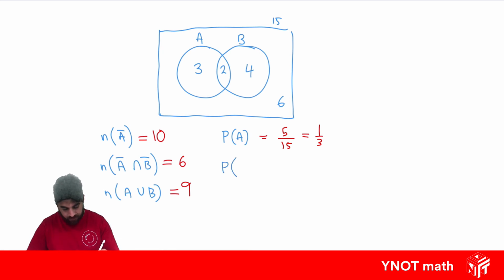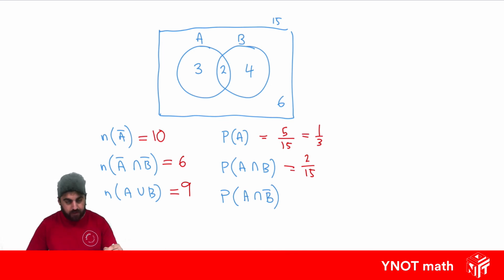What about the probability of A intersection B? So the intersection is A and B, and the elements in A and B is just 2. So it's 2 out of the 15 to give our probability. What about the probability of A and the intersection of the complement of B?